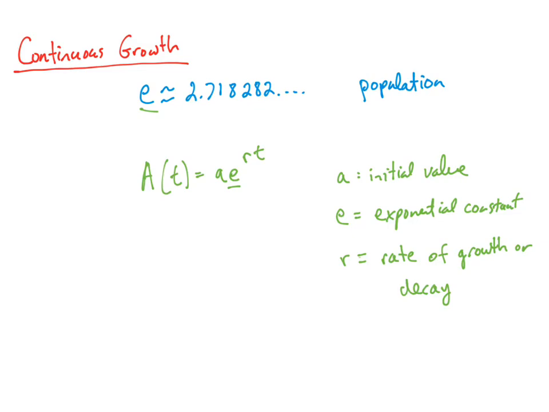So the amount could be growing, or it could be decaying. And then T is the time that has elapsed. It won't always be in years, but it most often will be in years. And then a word about the rate of change. If R is less than 0, we say there's decay. If R is greater than 0, we say there's growth.